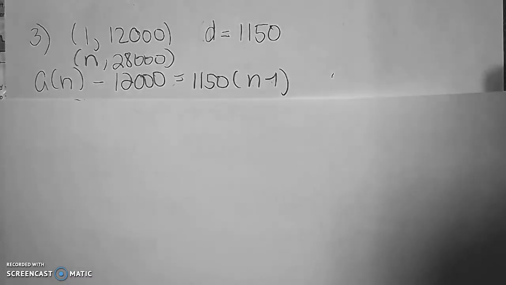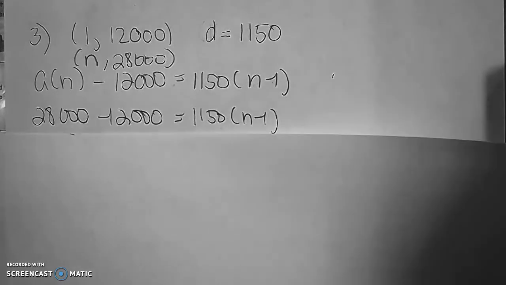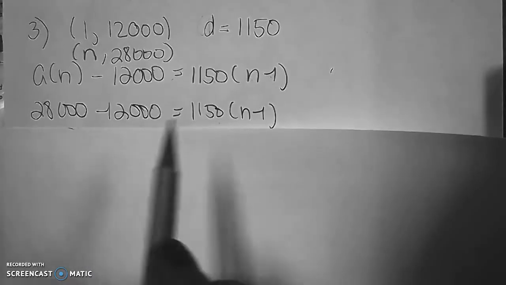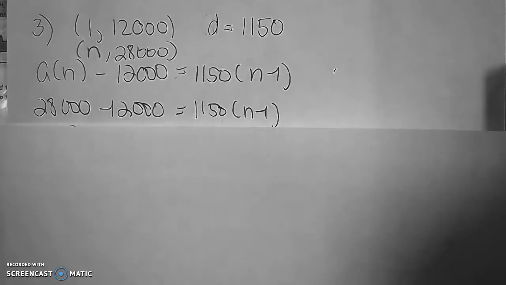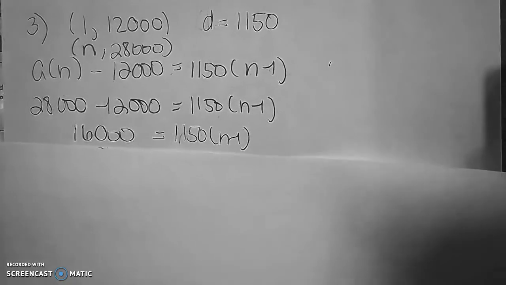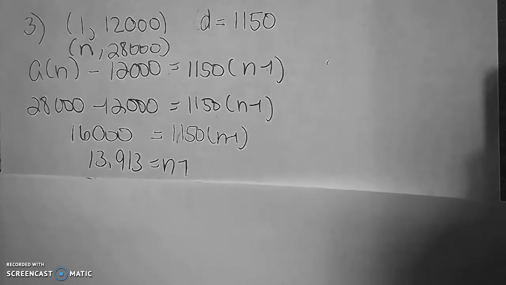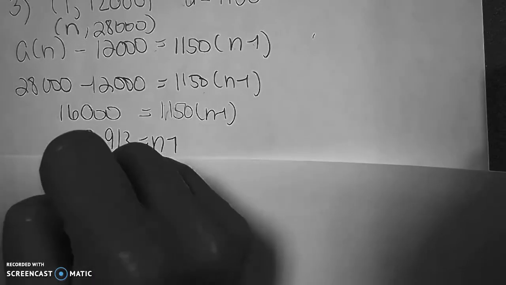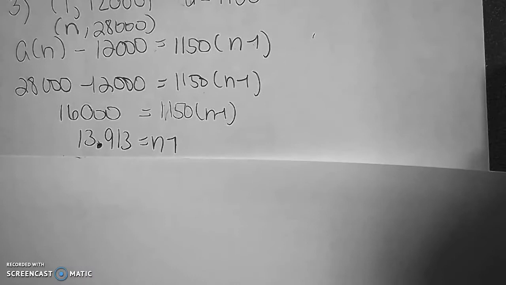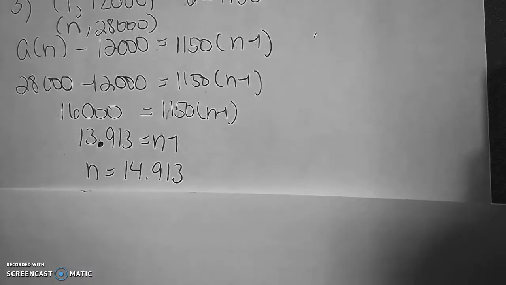I know A sub N has a value of 28,000. I'm trying to find the number of years. So I subtract, then I divide by 1,150. Notice I am getting a decimal here, and we'll talk more about that in a second. My final answer is 14.913 years.